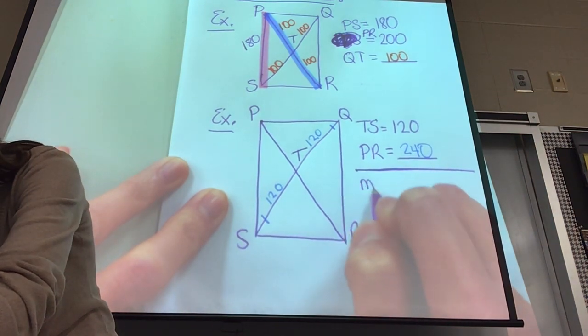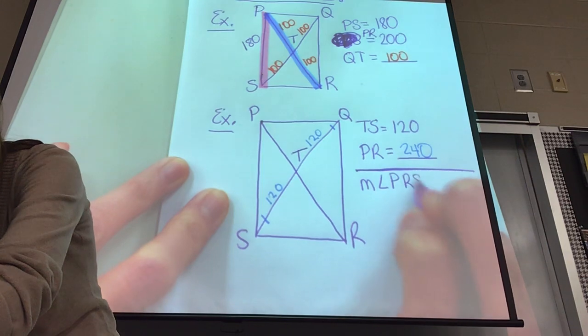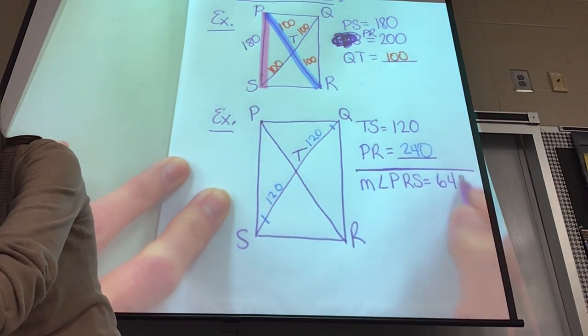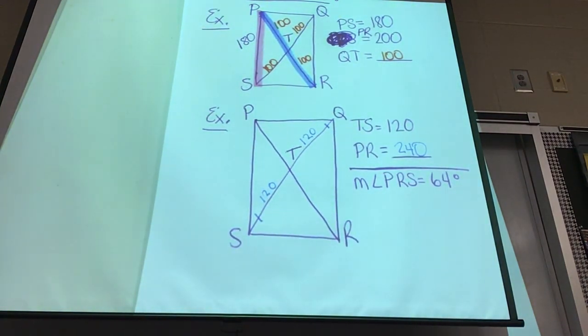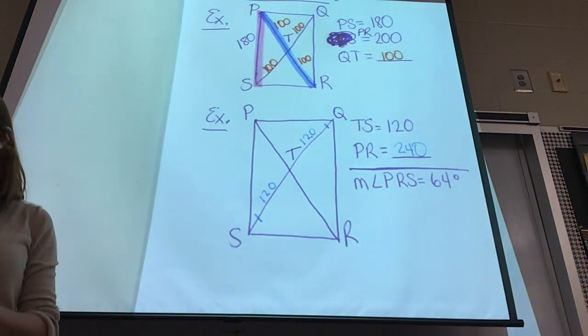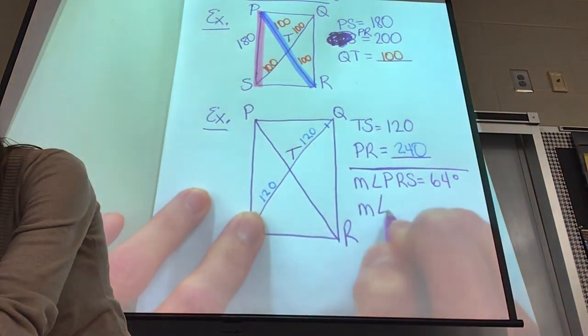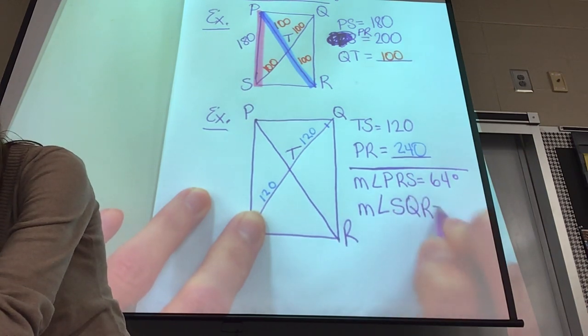So I'm going to do the measure of angle PRS is 64 degrees. I want to know what the measure of angle SQR is.